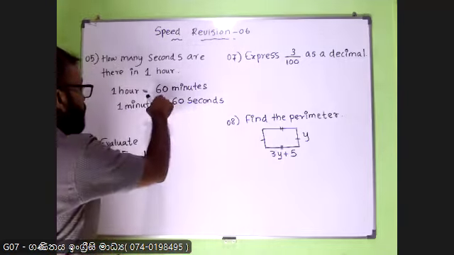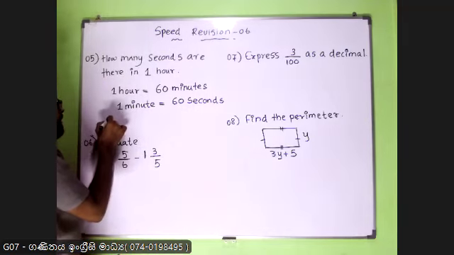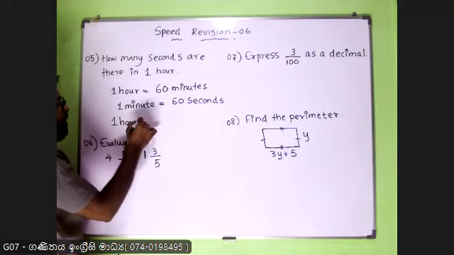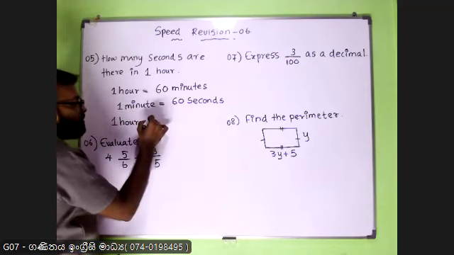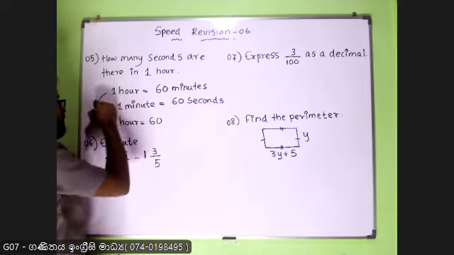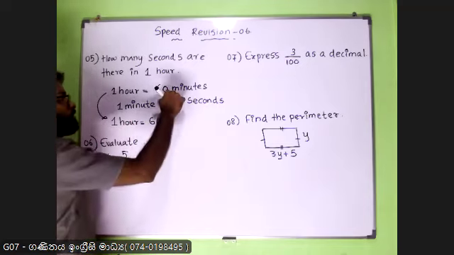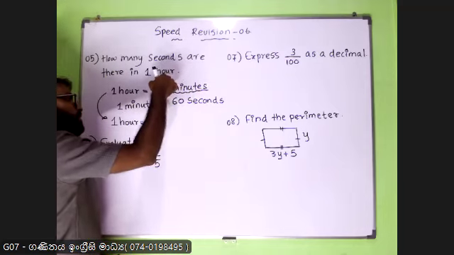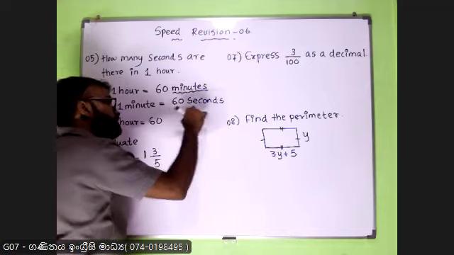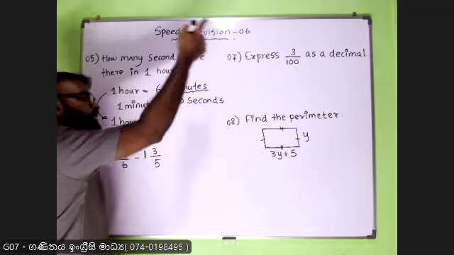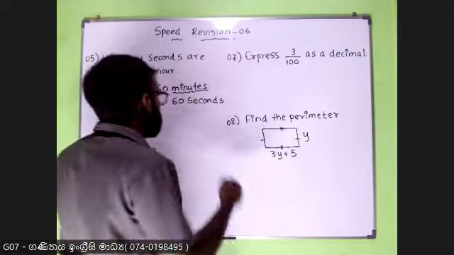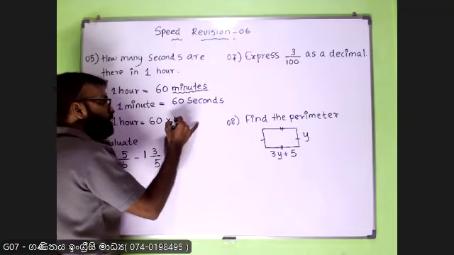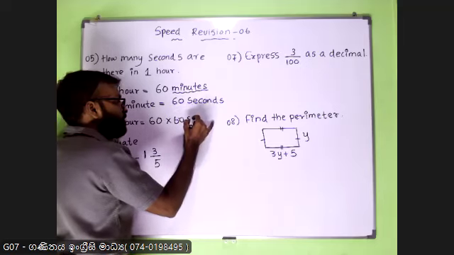So, that means 1 hour equals 60 minutes. Right? 1 minute has 60 seconds. So 60 minutes has how many seconds? You have to multiply this 60 minutes by 60 seconds in order to find for 1 hour.